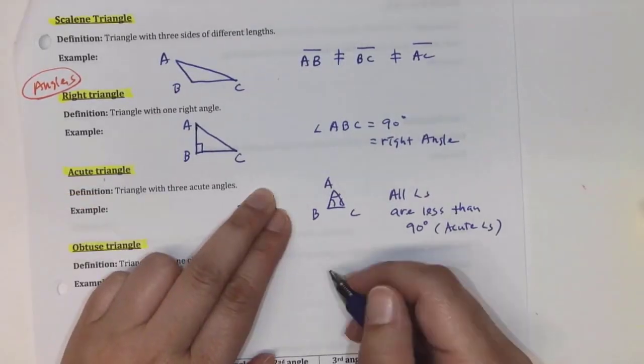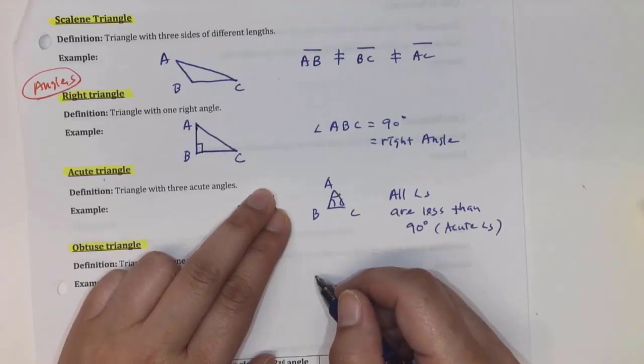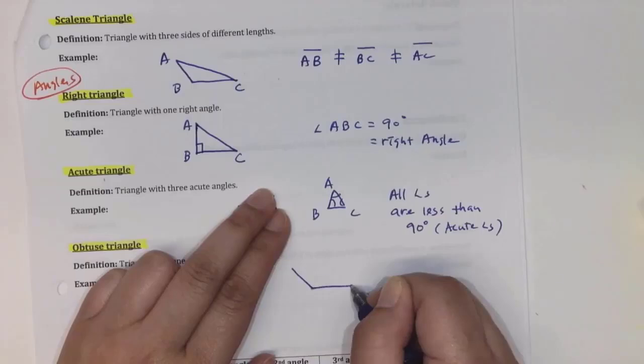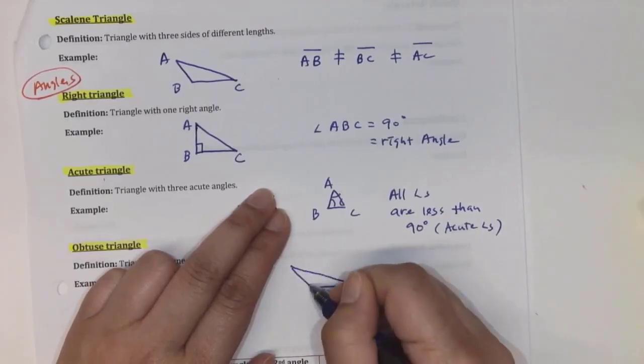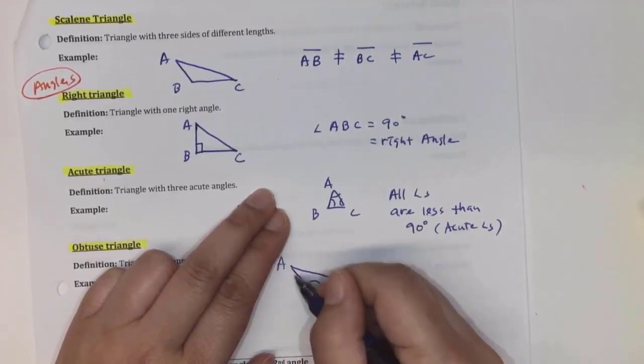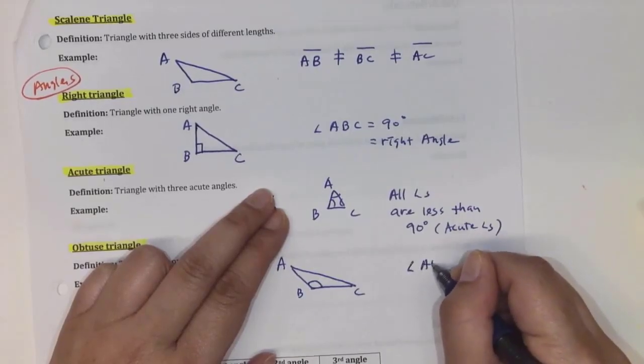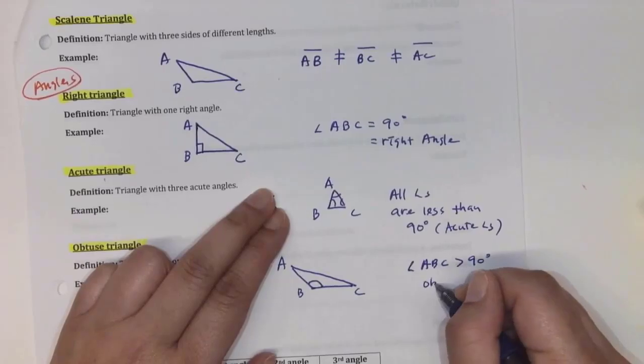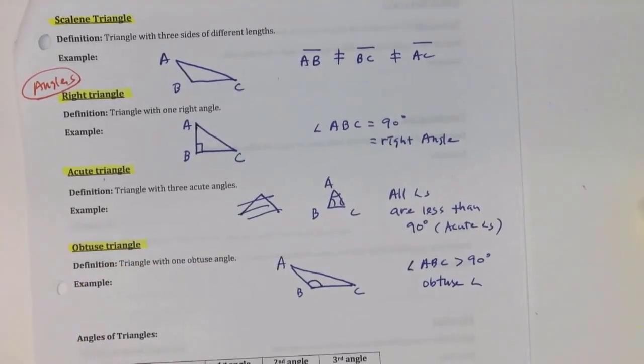Next is the obtuse triangle. That kind of triangle has one angle that is an obtuse angle, meaning one of the angles needs to be more than 90 degrees. Angle ABC is greater than 90 degrees, which is an obtuse angle, right? Is that okay?